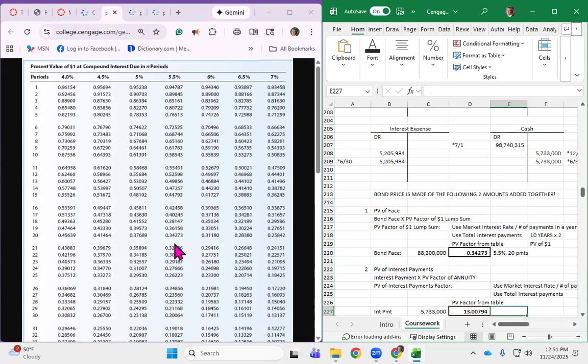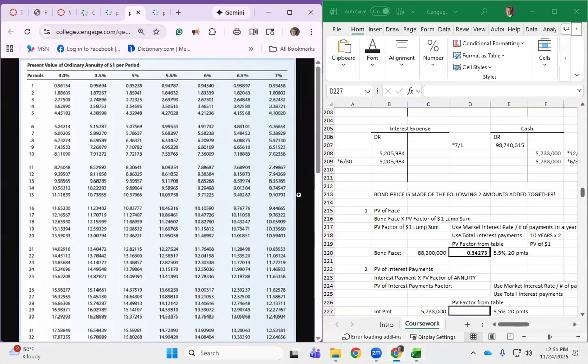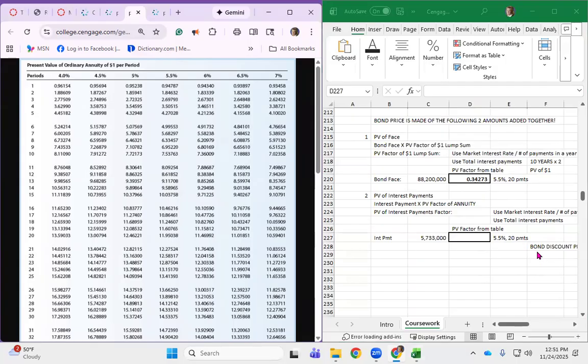Once you've found the 5.5% and the 20 payments, that's the hardest part, to know what table to look at. Now that second table needs to be the present value of an annuity.